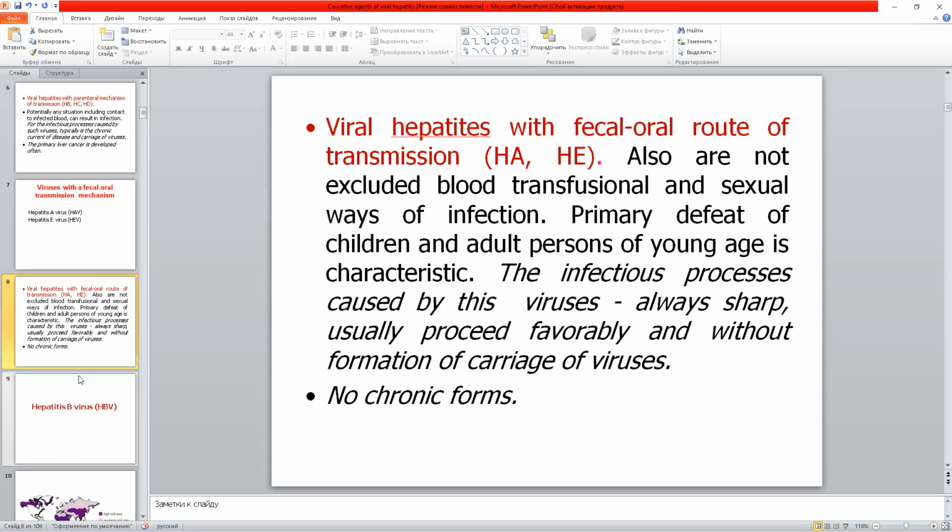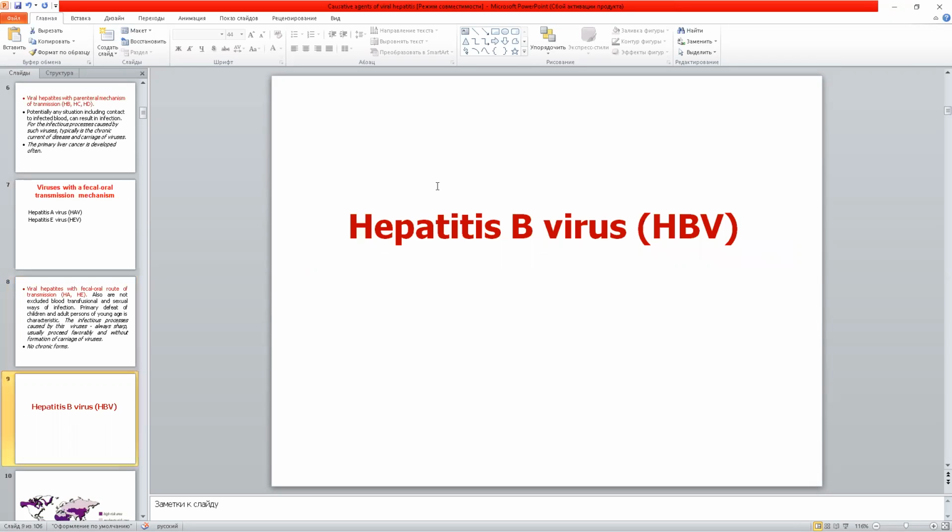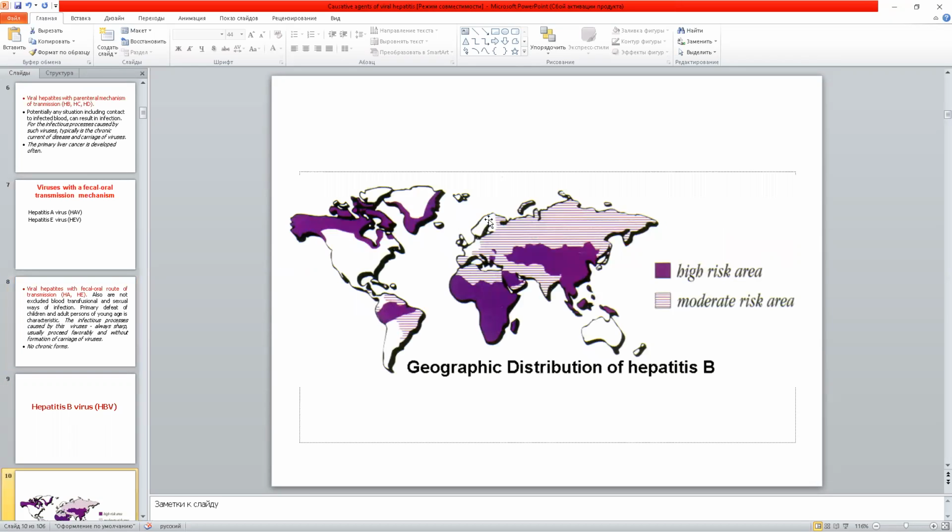Hepatitis B virus, HBV. Many people are infected by this hepatitis B virus. Geographic distribution of hepatitis B is on this picture.